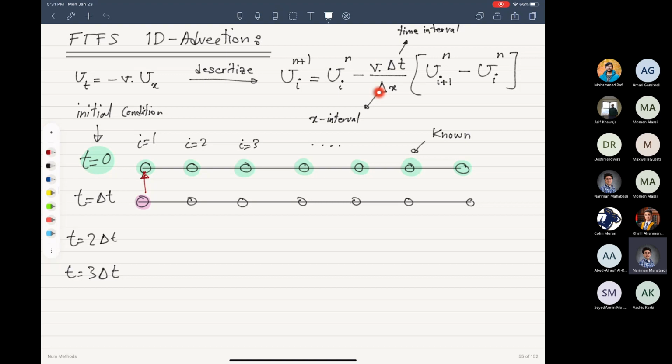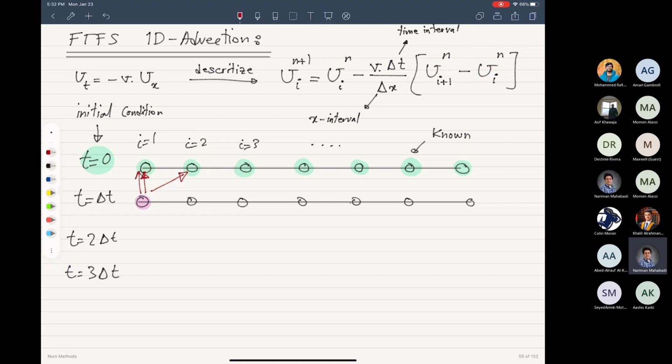What else? Well, we have some constant. This is just velocity times delta t over delta x. And then here in the bracket, we need the unknown function at the next point of the grid, but previous time step, then minus U_i^n, which is this point.